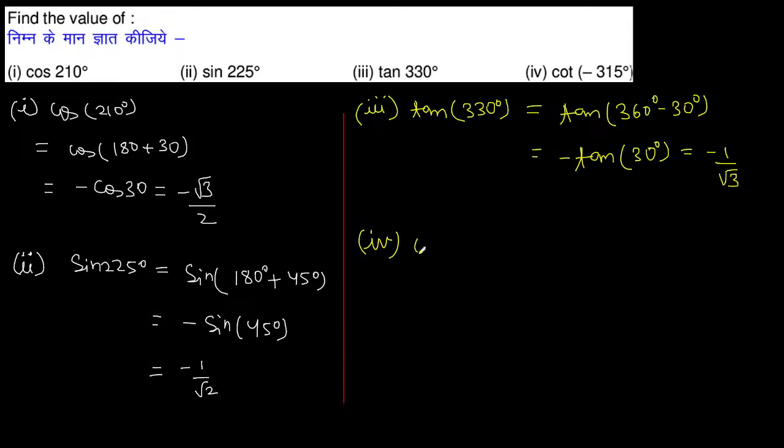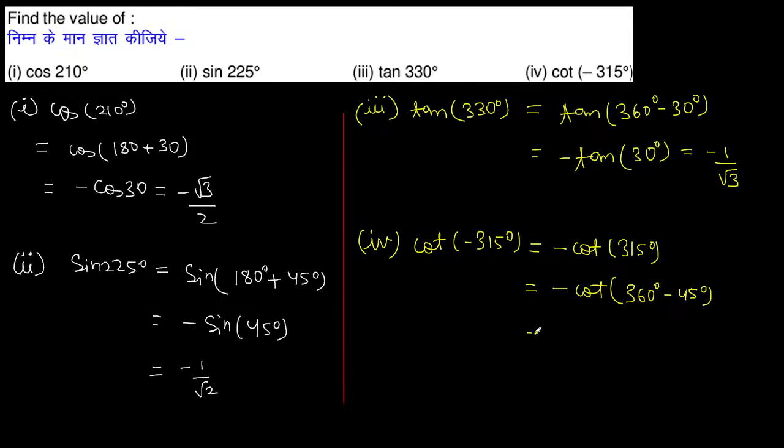So cot 315 degree is nothing but cot 360 degree minus 45 degree. It is nothing but minus cot 45 degree. It will again come out with minus. So minus minus plus cot 45 degree, which is nothing but 1. Okay.